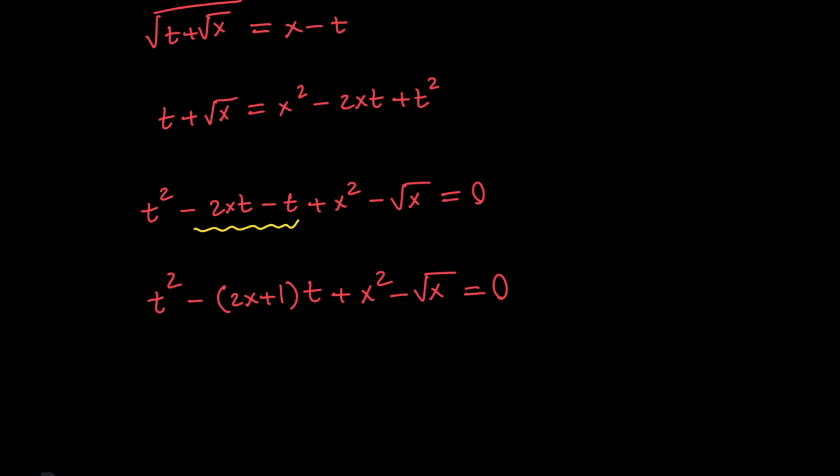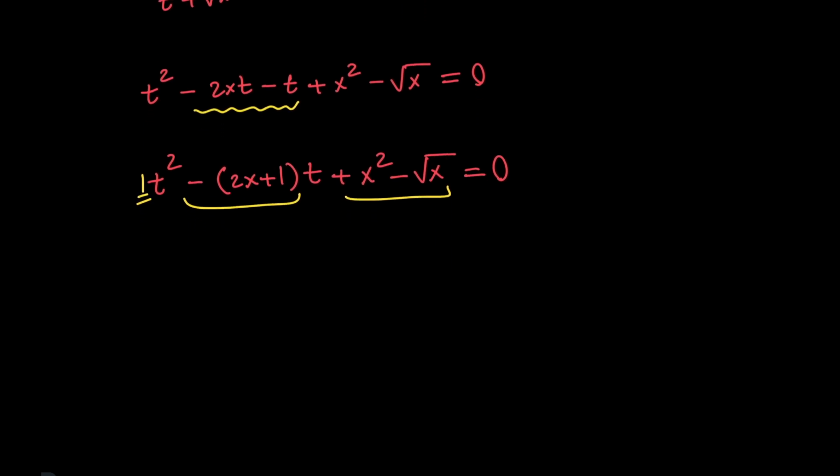If we consider this a quadratic equation in terms of t, the leading coefficient is 1, the coefficient of t is this, and the constant term is x squared minus the square root of x. Great. Now, using all of that, let's apply the quadratic formula for t.